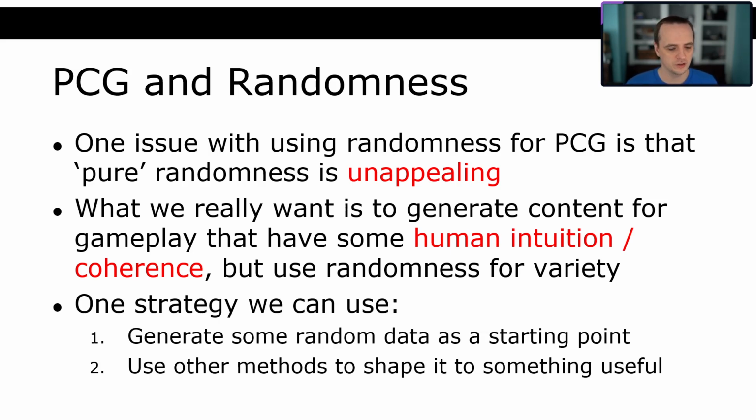So what we're going to do, and what we're going to see as a pattern in procedural content generation, is we're going to generate some sort of random data as a starting point, and then we're going to use some other method to sort of shape that random data into something that we would actually want to use for our game. So let me just show you some examples of randomness and then shaped randomness and show you what we're talking about.